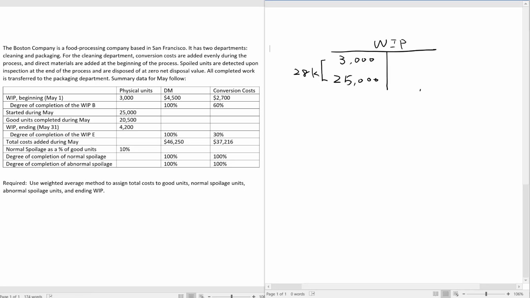At the end of the period, the number of good units produced and transferred out are 2,500 units, and work in process ending are 4,200 units.